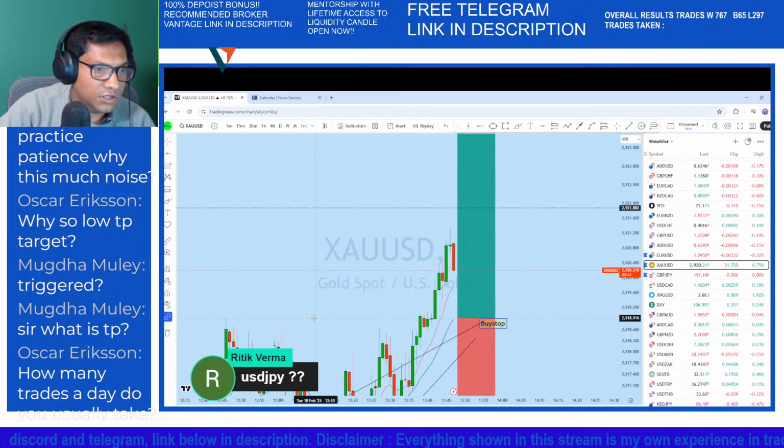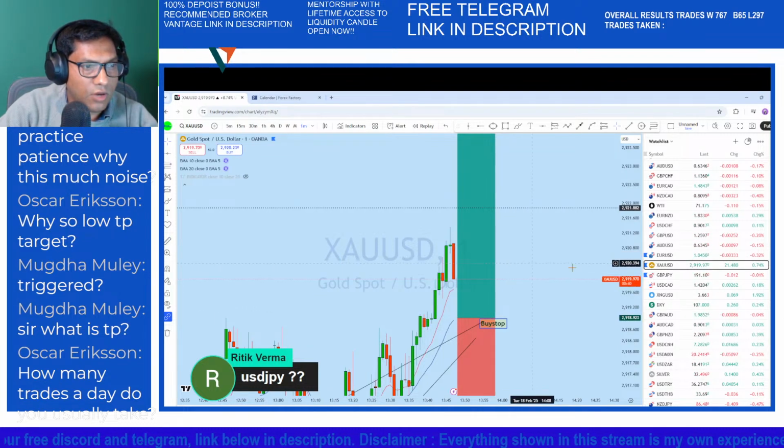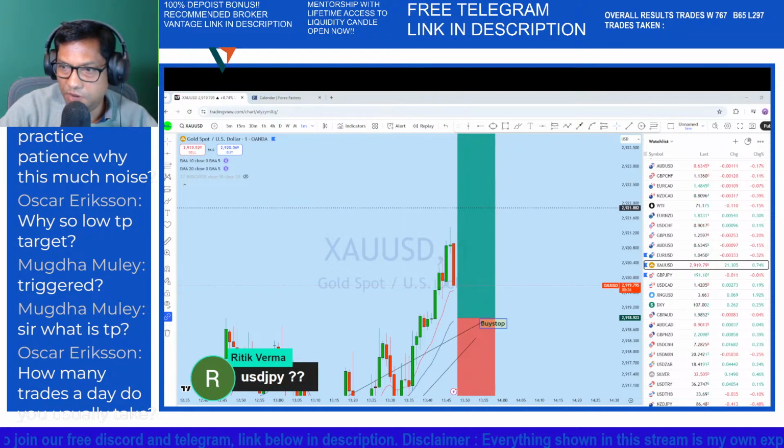I like this rejection here. Okay, we'll exit with 13 pip. We'll exit. This might drop for a deeper pullback.